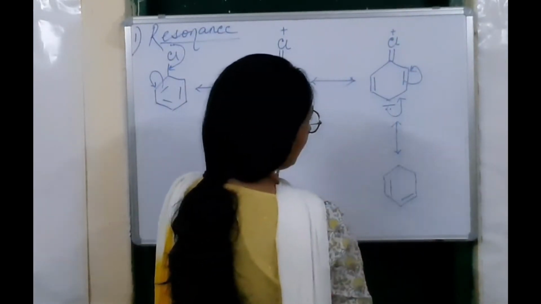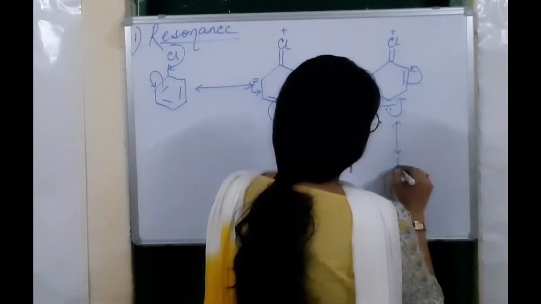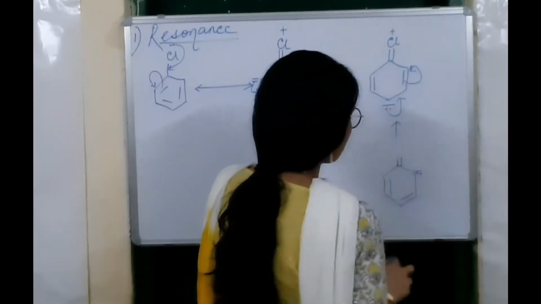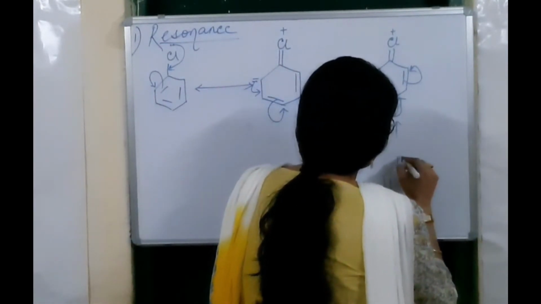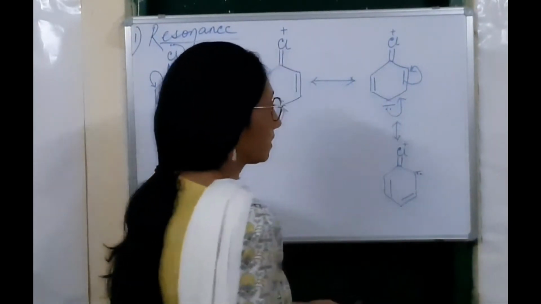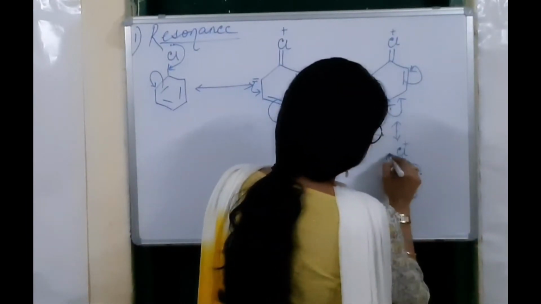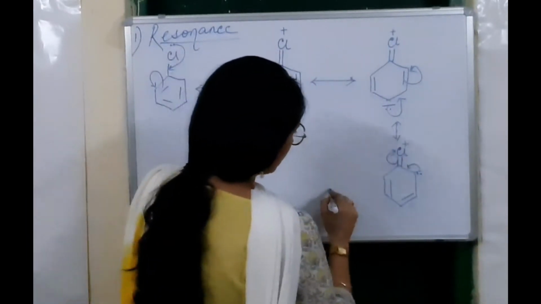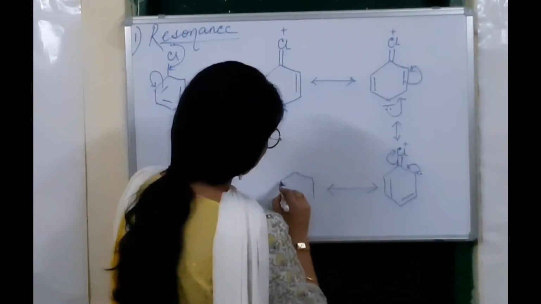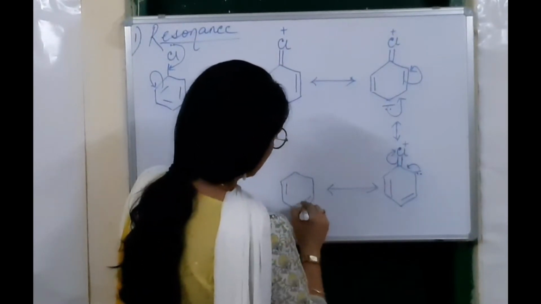Here bond making, here negative charge and here double bond Cl plus. In the next step, this and the electron pair will go to its own place. So here this one, this.